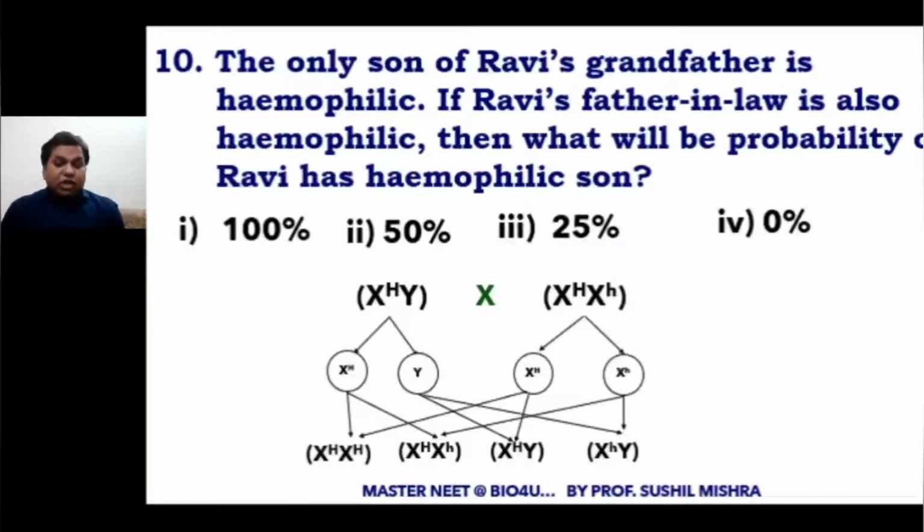Remember, they are not asking what percentage of the sons will be hemophilic. They are asking what is the probability of having a hemophilic son. That means among all the offspring, what is the probability of the hemophilic son? Then it will be 1 by 4. Now 1 by 4, when I express in percentage, comes out to be 25%.